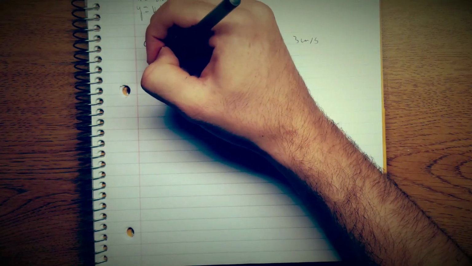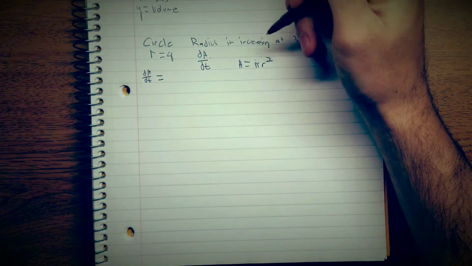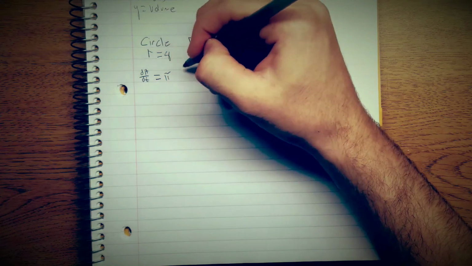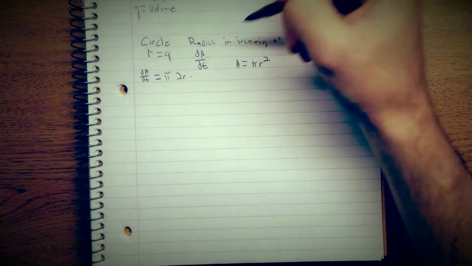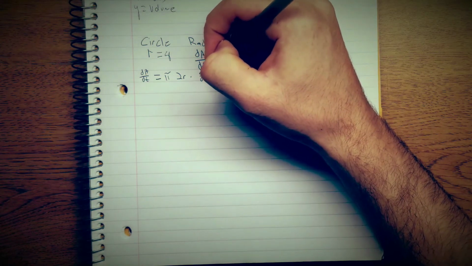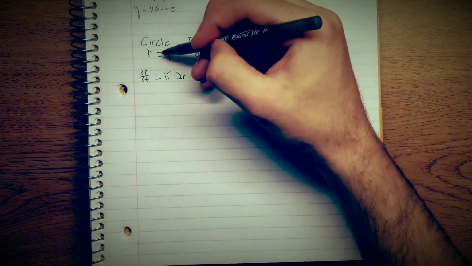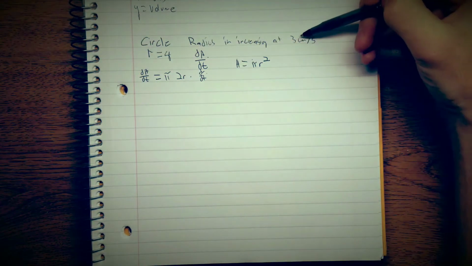We have dA over dt equals pi times 2r times dr over dt. Now from the information given, we know that r is equal to 8 and dr/dt is equal to 3.